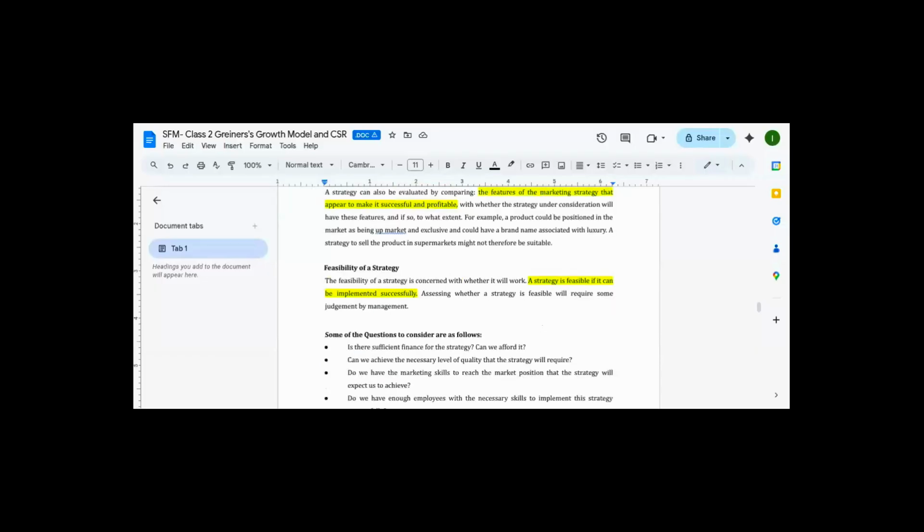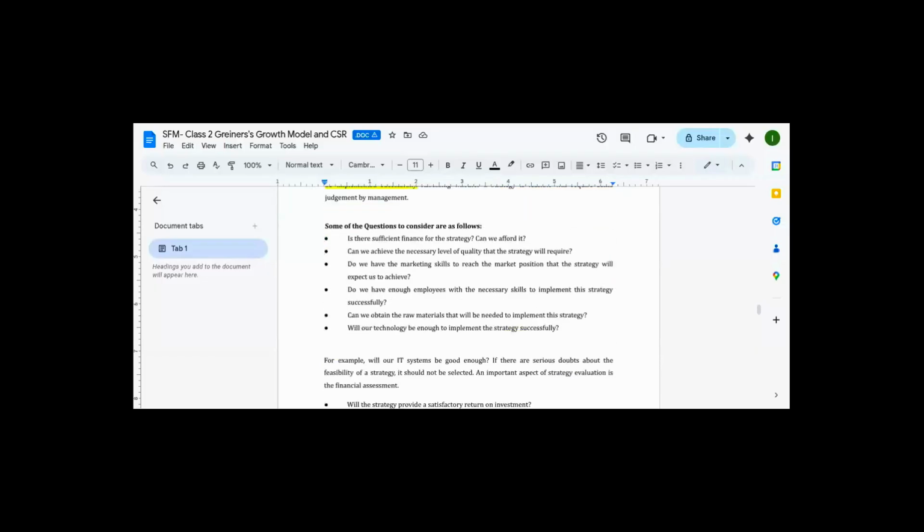So what are some of the questions to consider when we are doing our evaluation of strategy to know how suitable it is, how acceptable it is to the shareholders, how feasible it is in terms of profitability, and many more? The question is, is there sufficient finance for the strategy?